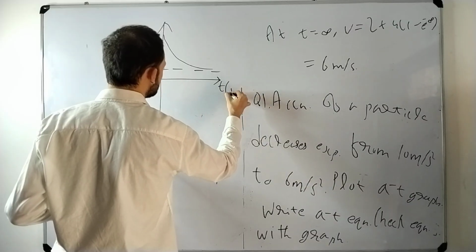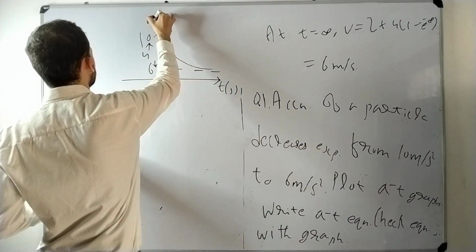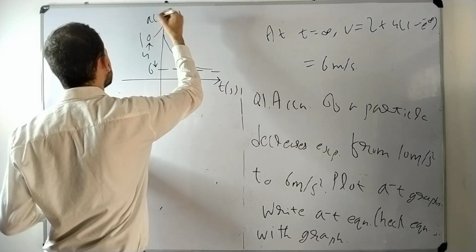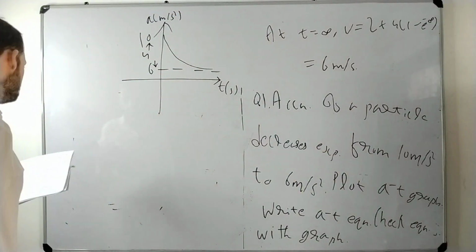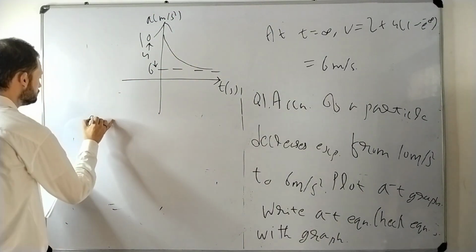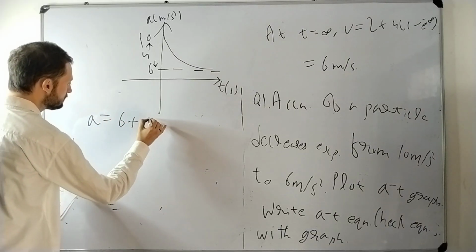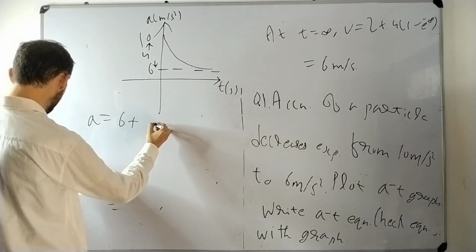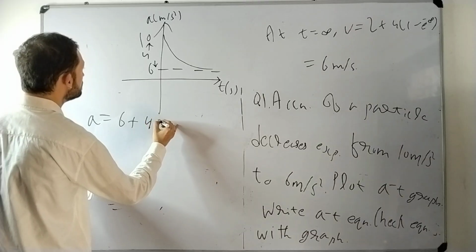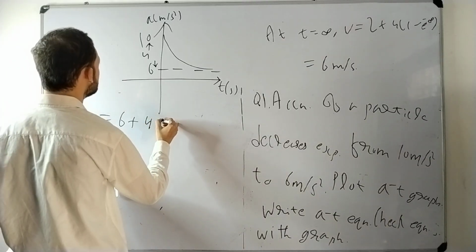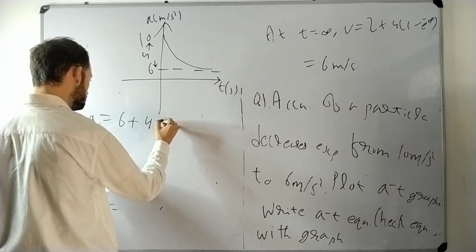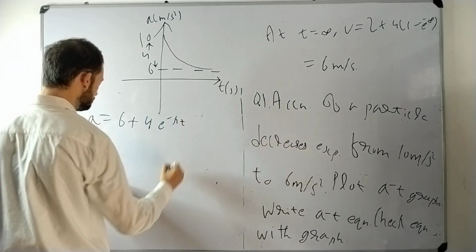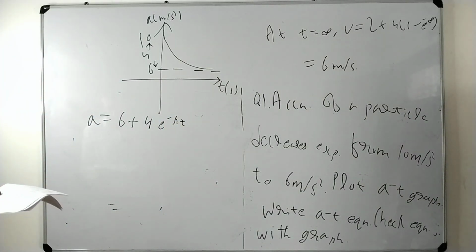T, second. And this is A meter per second square. Yes, very nice. Then the equation is A equals 6, and this is what, students? 4. And this is again E minus KT. Yes, very nice.